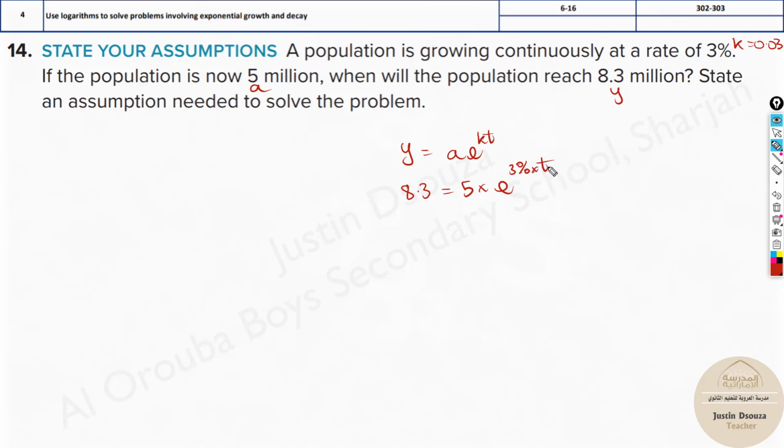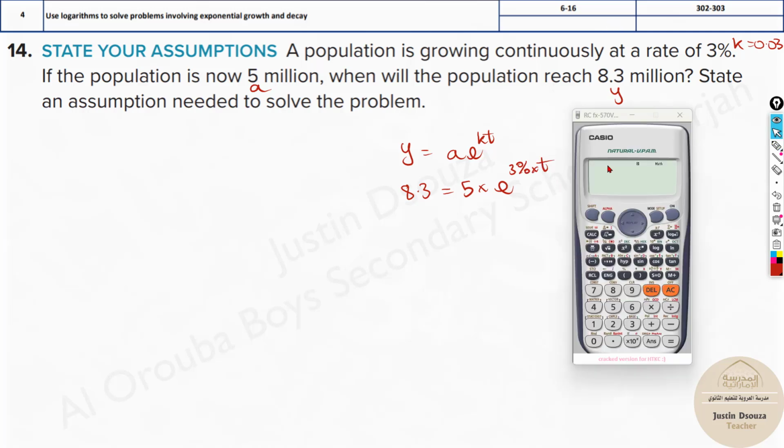Now we can put this directly in the calculator and solve. Here type this equation as it is. 8.3 equals 5 multiplied by e, which is by shift and natural logarithm symbol. Now you can put 3% with shift and this symbol over here, percent. You can put multiplication and then you have to put the variable alpha x. Now please don't get confused that there are two x.